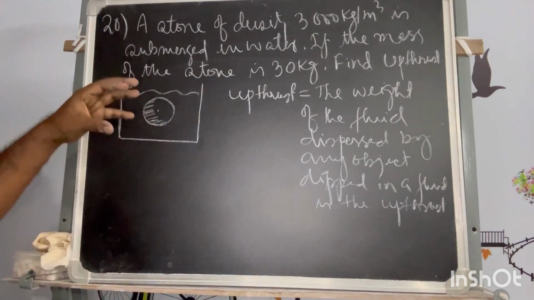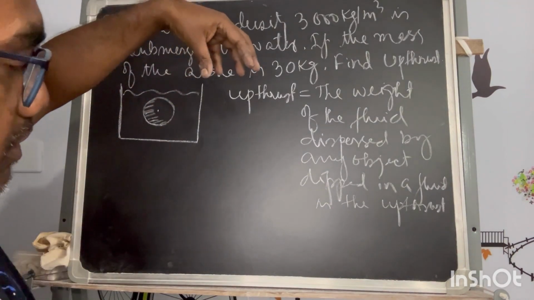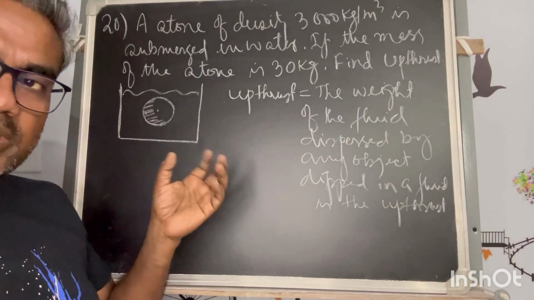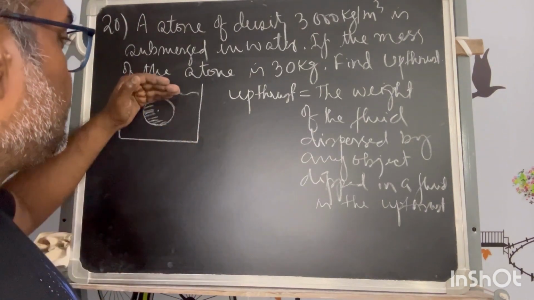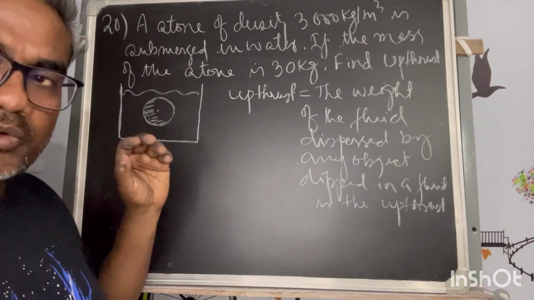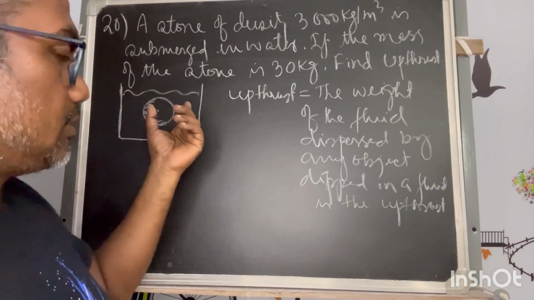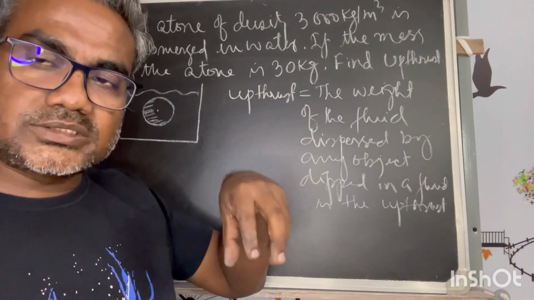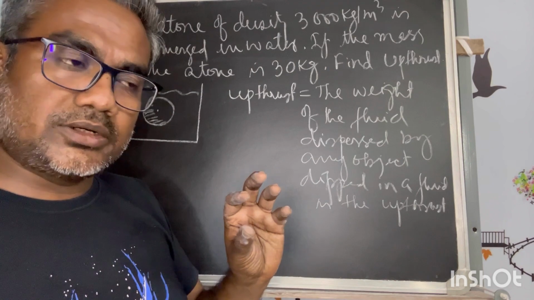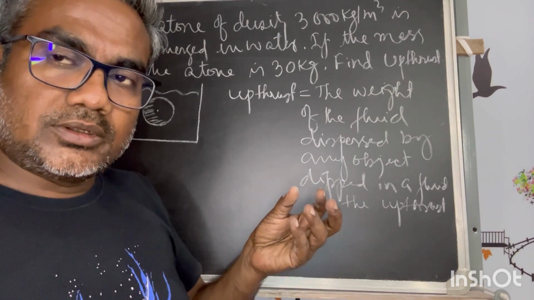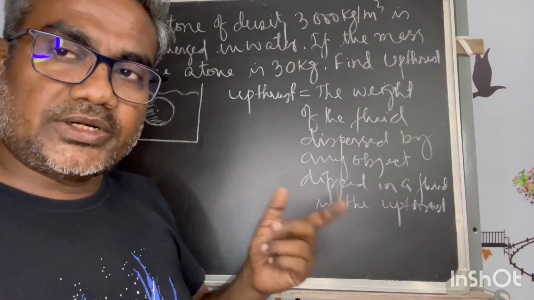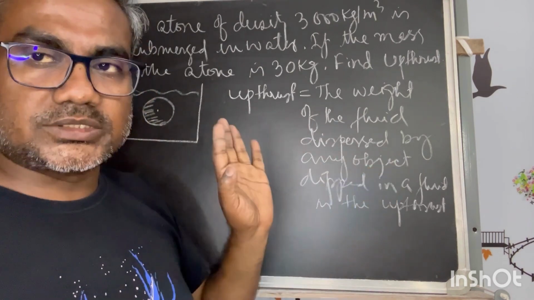Upthrust is nothing but, if an object is dipped in a fluid, how much volume of fluid the object can displace. Sometimes it may be partially or fully submerged, as you have already done in theory. In whatever condition, take the volume occupied inside the fluid by the object, and convert that volume into the weight of that fluid, and it will be equivalent to the upthrust.